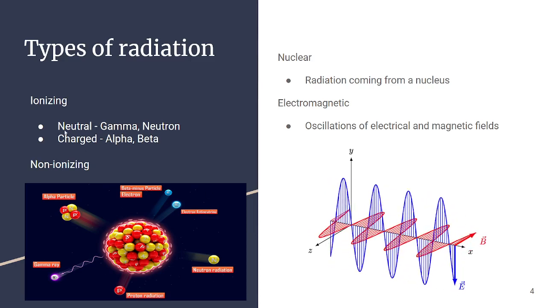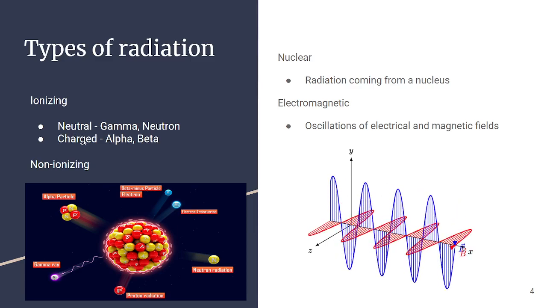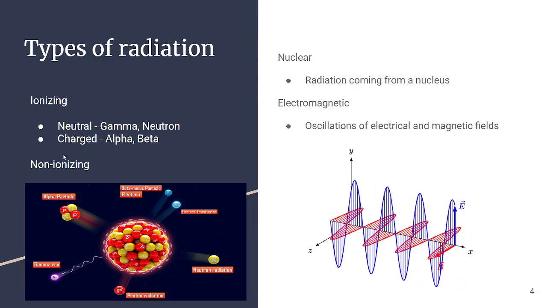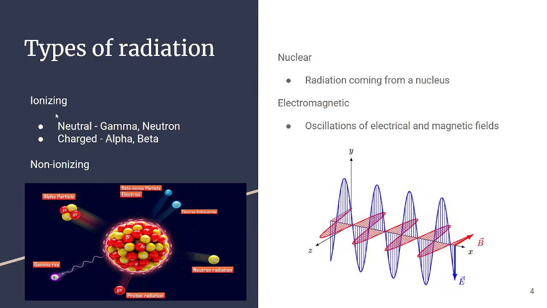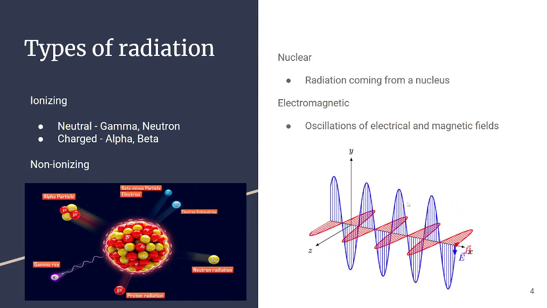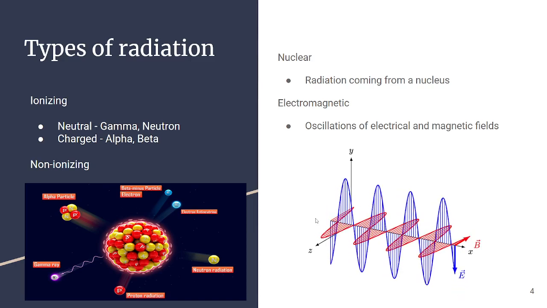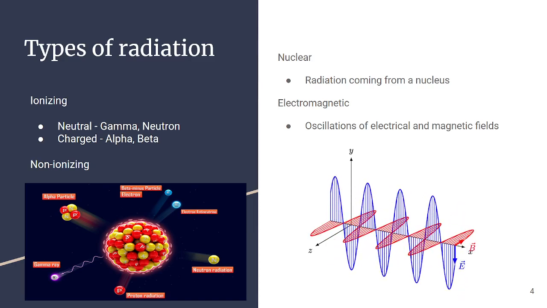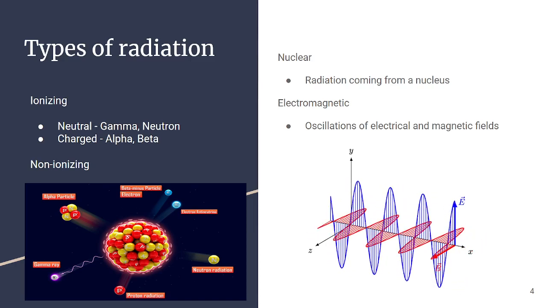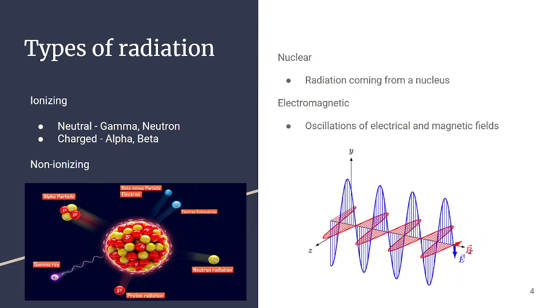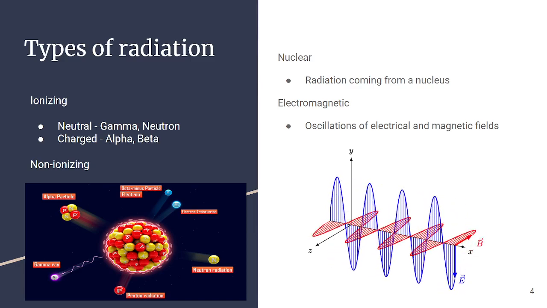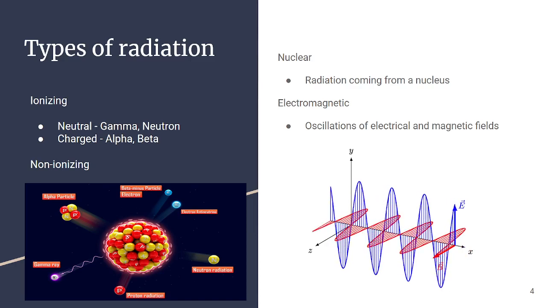And then there's also neutral and charged radiation in the ionizing category. The neutral is going to be any kind of electromagnetic because there is no charge. It's just energy. Electromagnetic radiation is just energy moving through space. It's going to interact with stuff. If it's going to change anything, that depends on the energy of it.